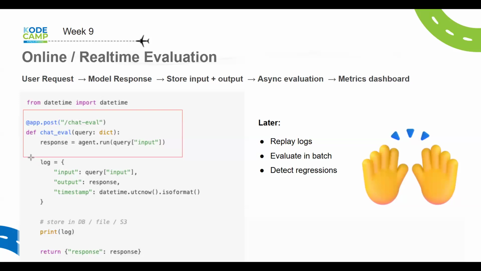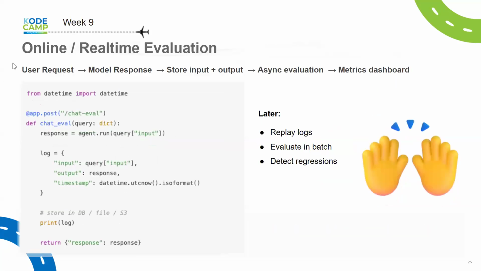But you see that part of what we do here is to log the query input, and we log the response from the agent, because here we already invoked the agent and passed the query to it. The next thing would be: what response did it give? You have to log it, right?